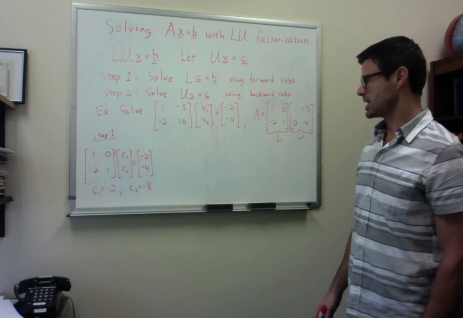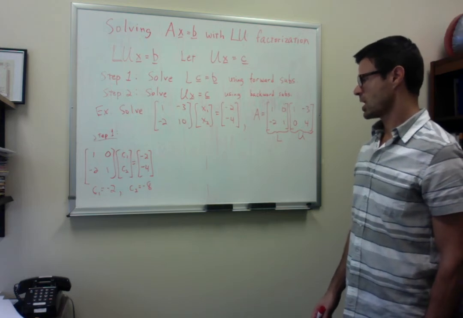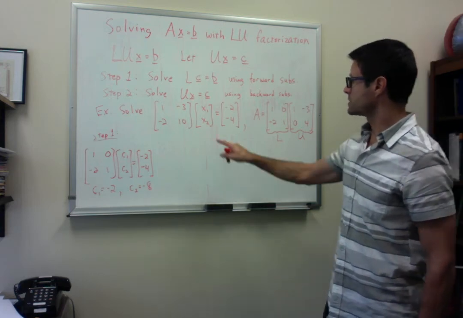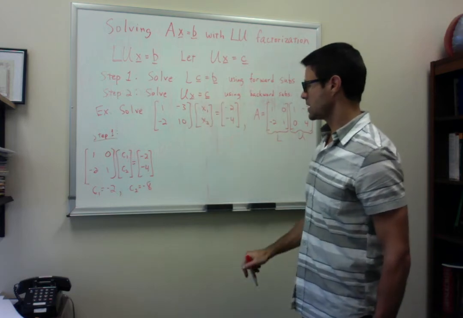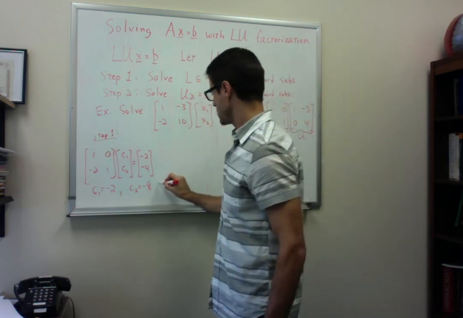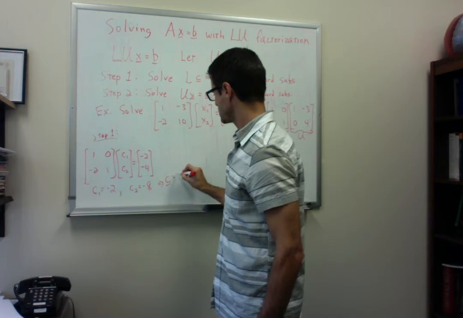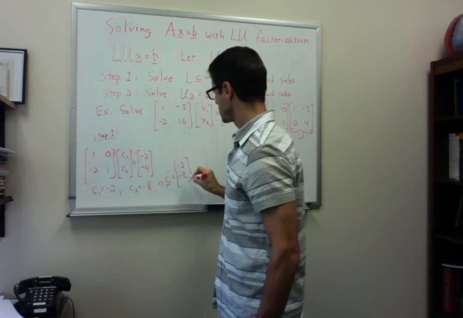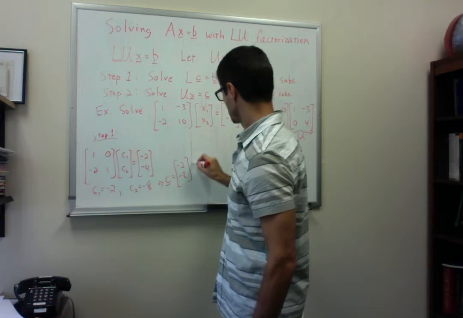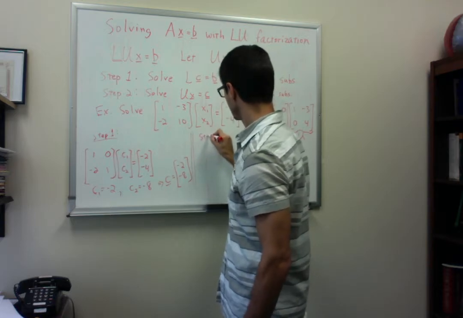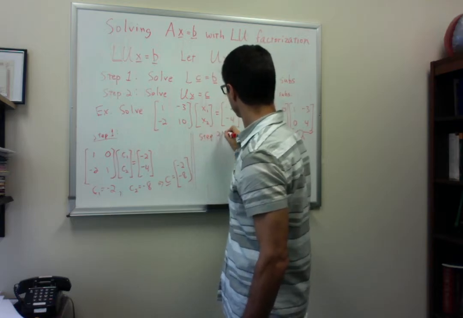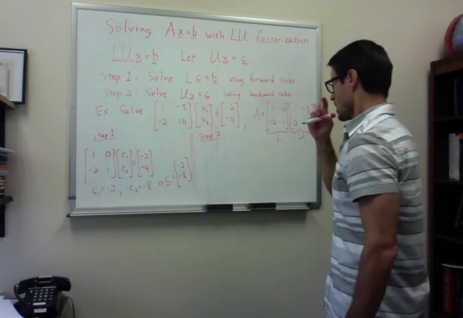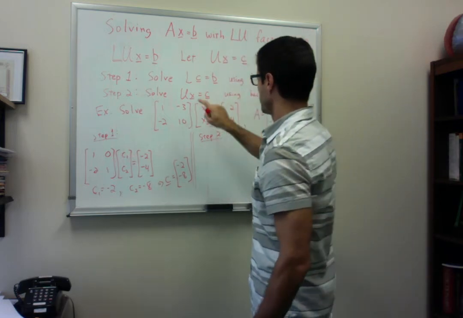It's minus 2, minus 8. And now I can use that to solve the system Ux equals C. So we found C as the vector minus 2, minus 8. And now we move on to step 2. Step 2 is now solving Ux equals C.